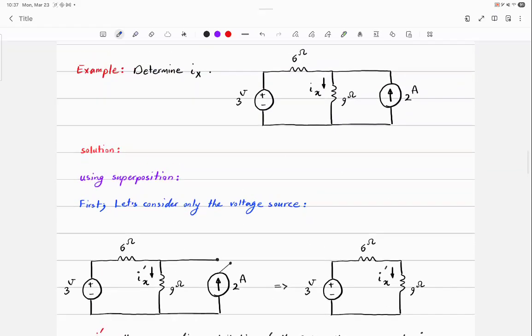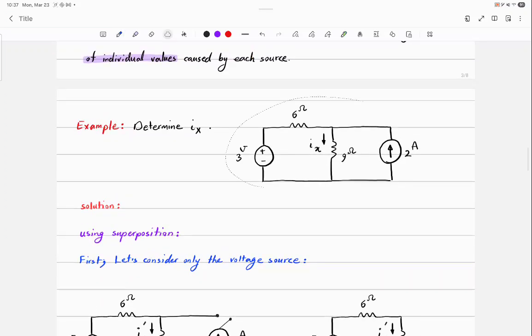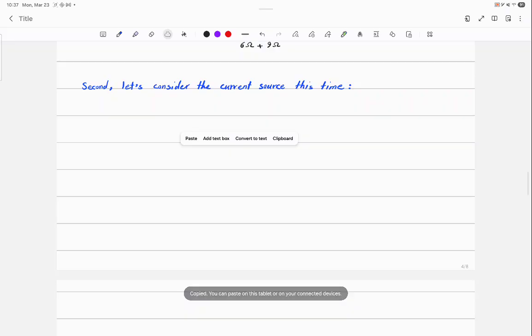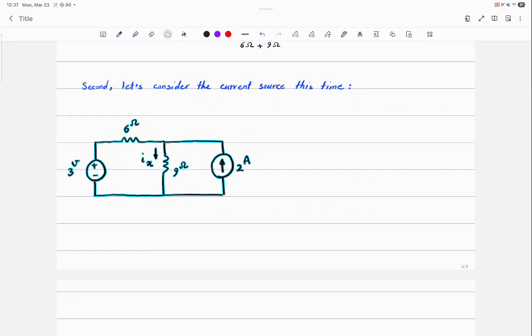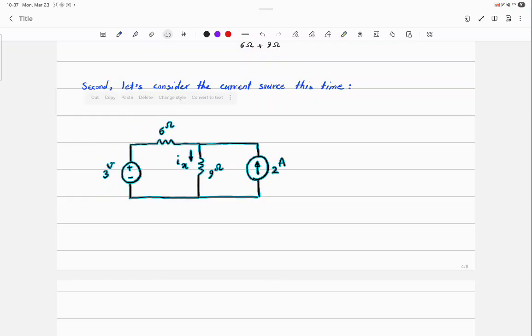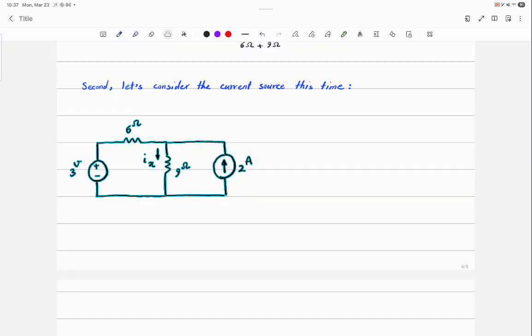Okay, so I'm going to copy the circuit again. Put it here. What should I do?